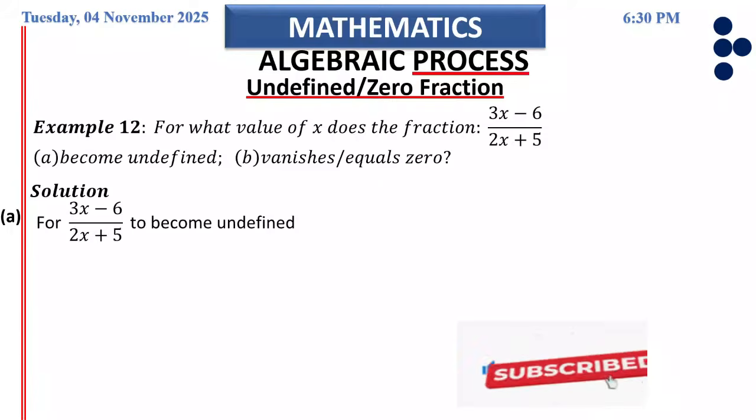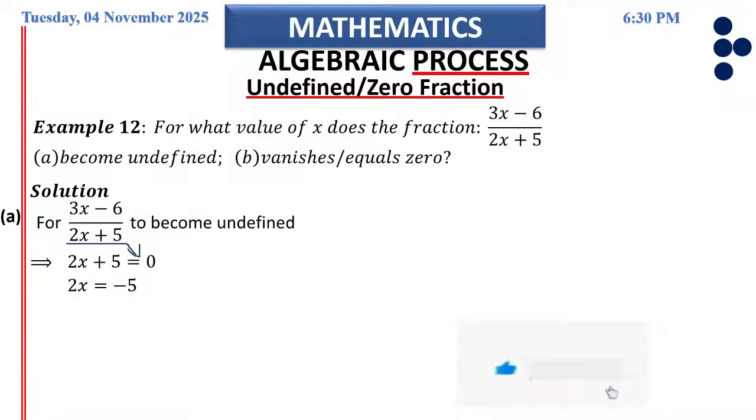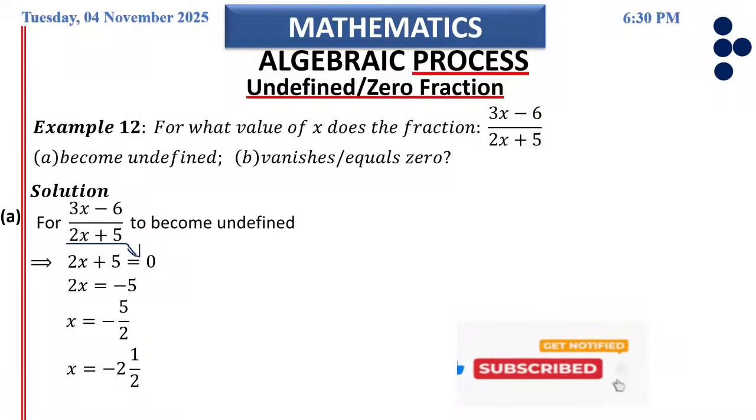So for this to become undefined, it implies that the denominator becomes 0. The denominator becomes 0. Okay? So with that, you can get your respective value of x. So your answer is 2 and 1 over 2. Don't forget, you don't leave your answer as an improper fraction.